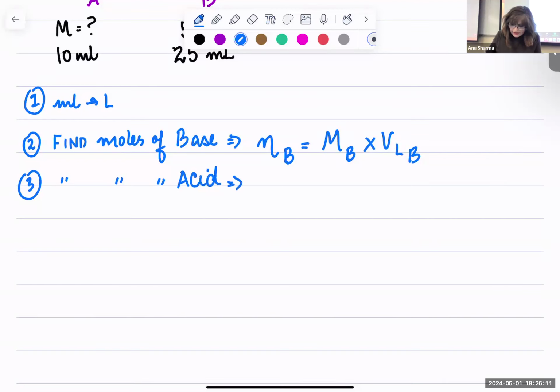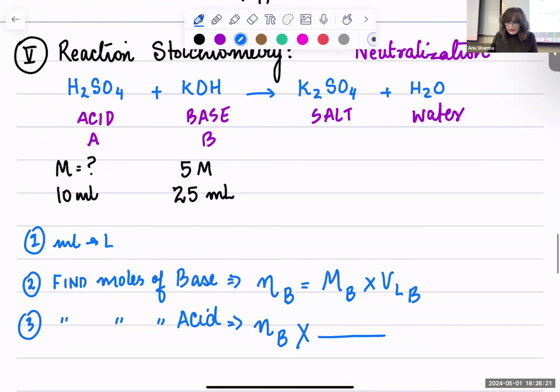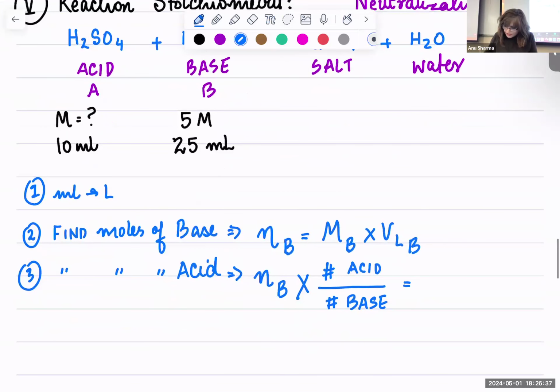You take the NB, the moles of the base, and multiply by the mole to mole ratio, or the conversion factor from the reaction. Here the acid will be on the top and the base at the bottom, and these come from the reaction, the coefficients, whatever number is here and whatever number is here. So this is going to give you the moles of the acid.